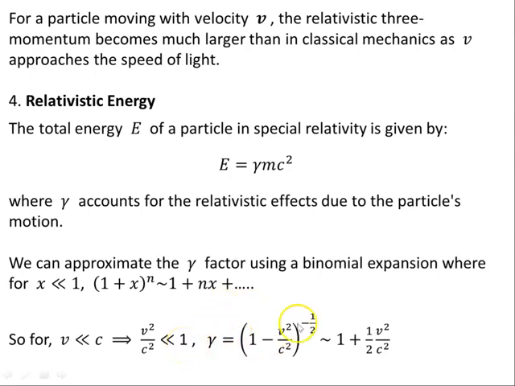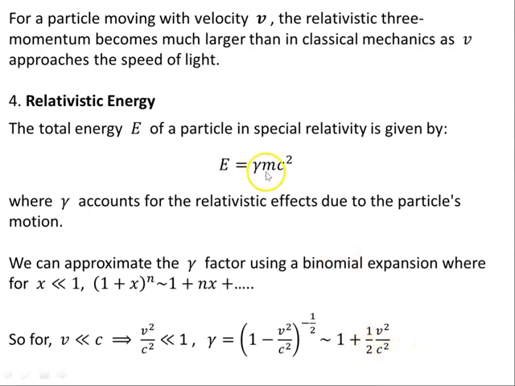And so our gamma factor, which is 1 over the square root of all that, or all of this to the power of negative a half, is then approximately 1 plus minus a half, remember the n is minus a half here, times x, which is v squared on c squared. And so you end up with 1 plus a half v squared on c squared.